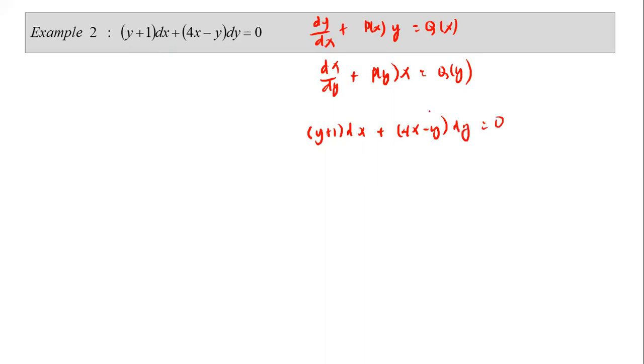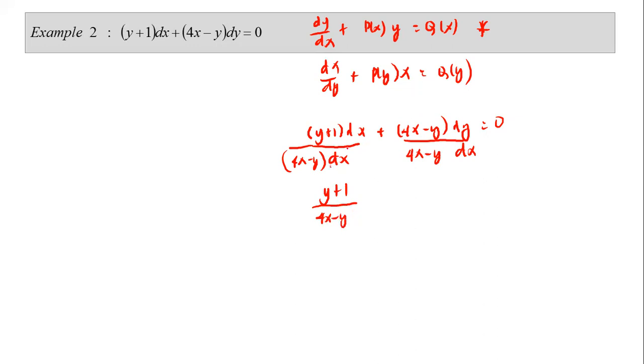And if you want to achieve this form, dy dx plus p of x times y equals q of x, you just simply avoid dx here, okay? dx, and we don't want this 4x minus y to get along with dy dx. So that's 4x minus y and then 4x minus y. Observe that this will now become y plus 1 all over 4x minus y.